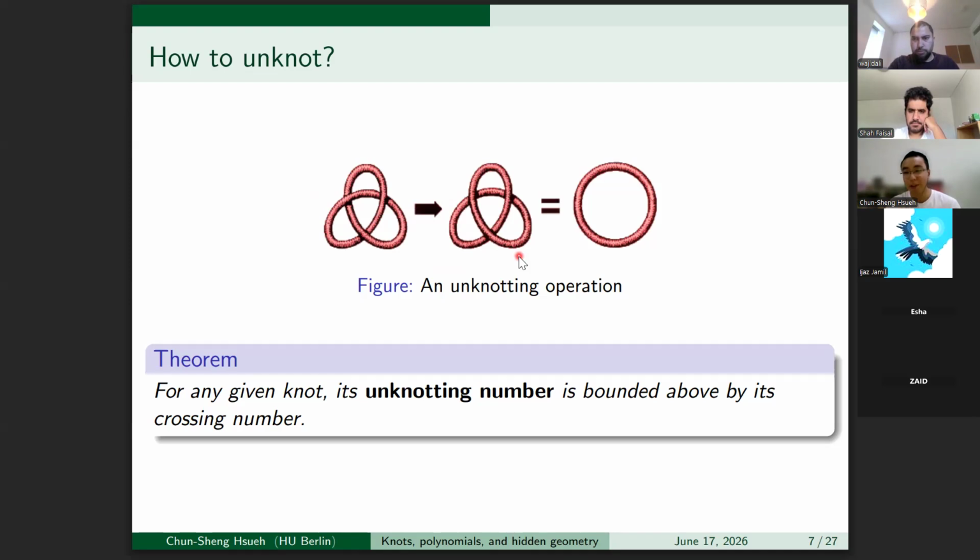In general, for such invariants where you define it by taking a minimal, it's usually more difficult to find a lower bound, because to give an upper bound, you just give an example. For example, if I want an upper bound for the crossing number of a knot, I just draw a diagram. I don't know if it's minimal, but that would certainly be an upper bound.